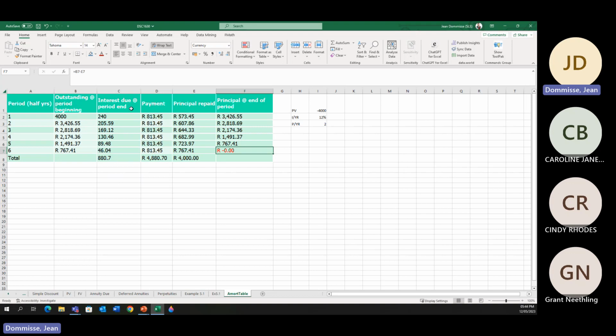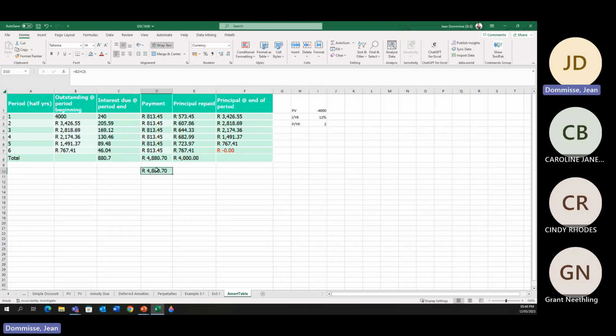You can look at your interest from two ways, is to say your original plus your interest would be the same as your total payments. So that can nearly be a check for you to say, well, let's look at what my original plus all my interest was, and if it is the same, then at least I know what I've calculated during the process is the same.